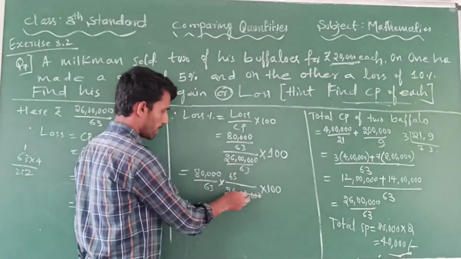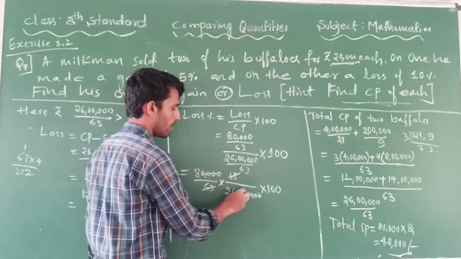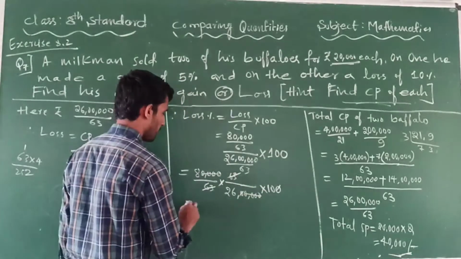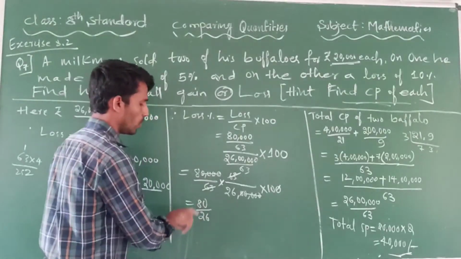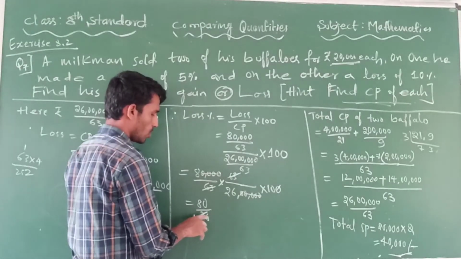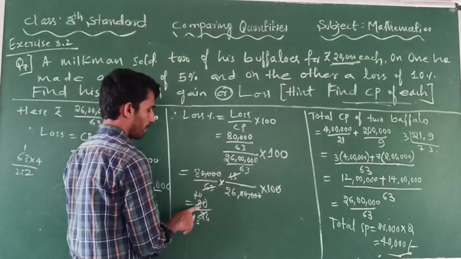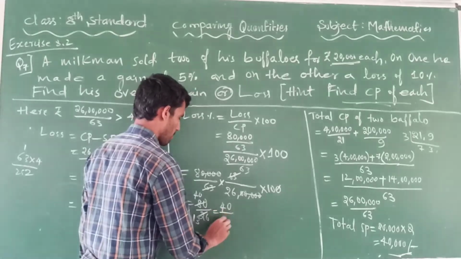Here 40 gets cancelled, 63 cancels, 0 gets cancelled. When you multiply 8 into 10 is 80 by 26. Now 2 1s are 2, 2 3s are 6, 2 40s are 80, completely cancelled, remaining 40 by 13.